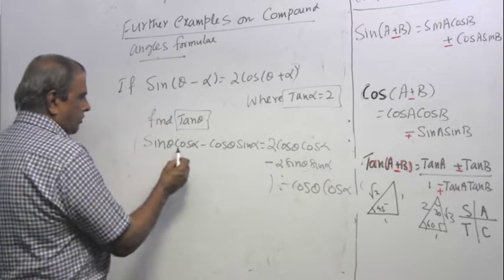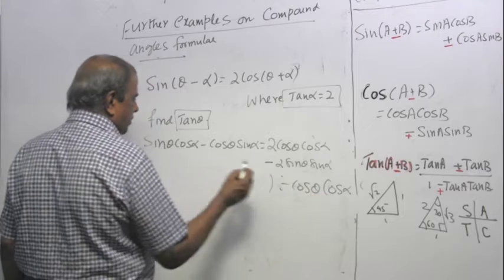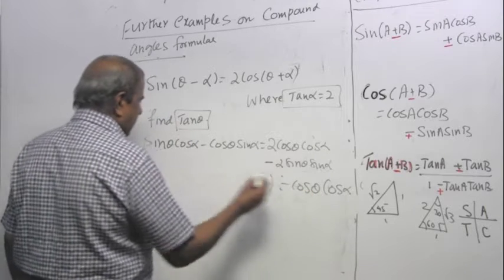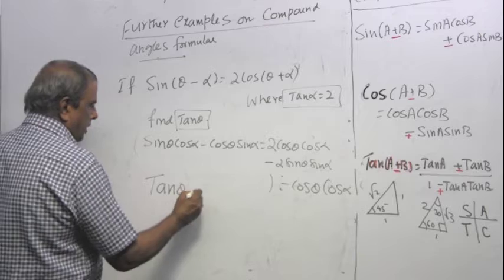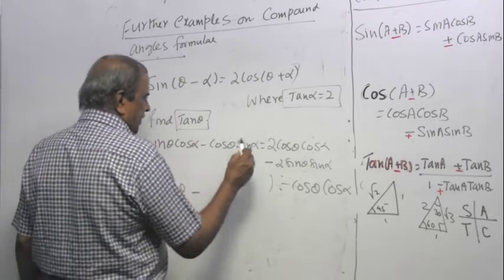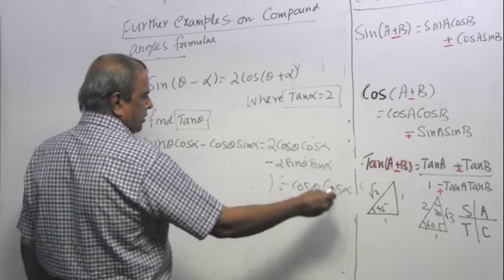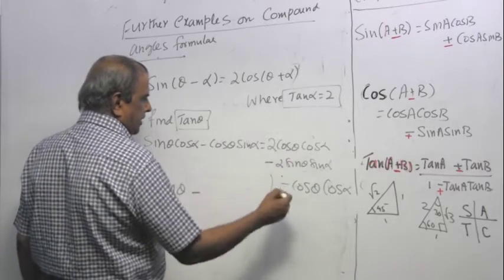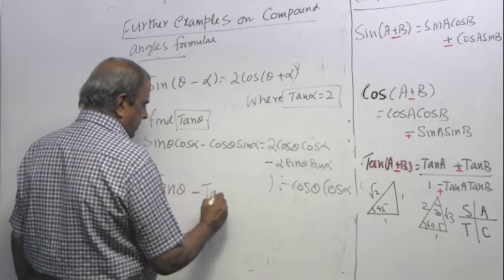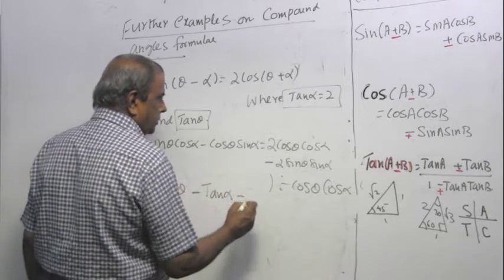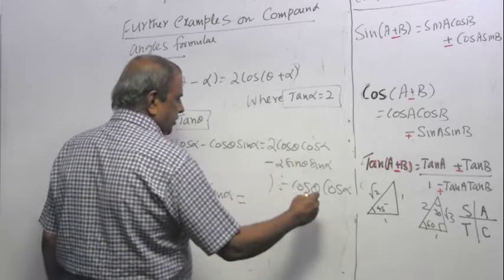Sine theta cos alpha divided by cos theta cos alpha. Cos alpha cancels. I am left with tan theta minus cos theta sin alpha divided by cos theta cos alpha. Cos theta cancels. Sin alpha over cos alpha is tan alpha.